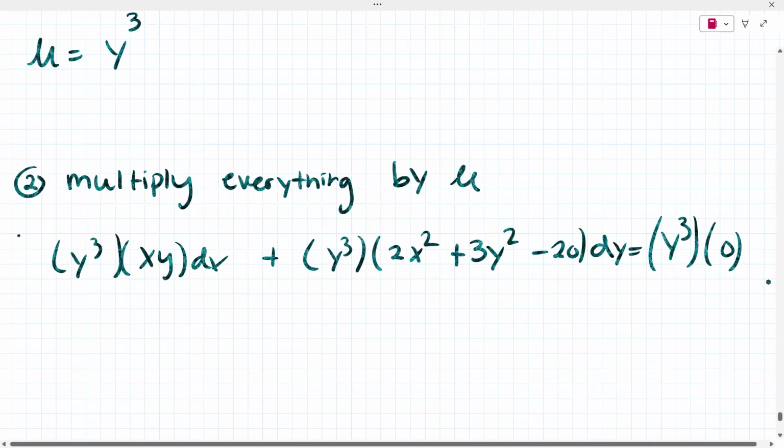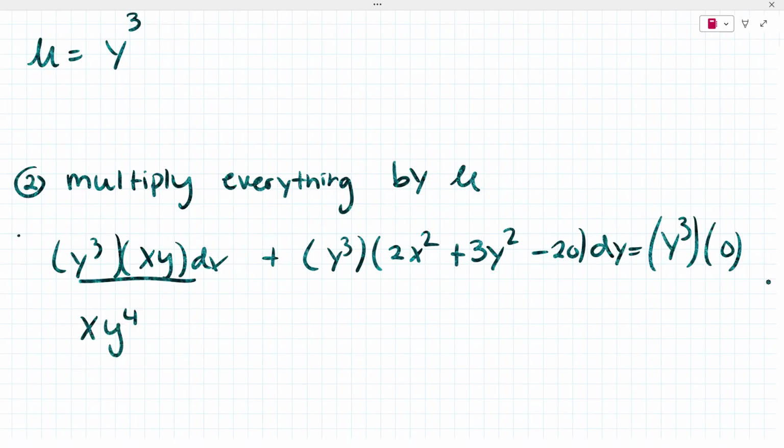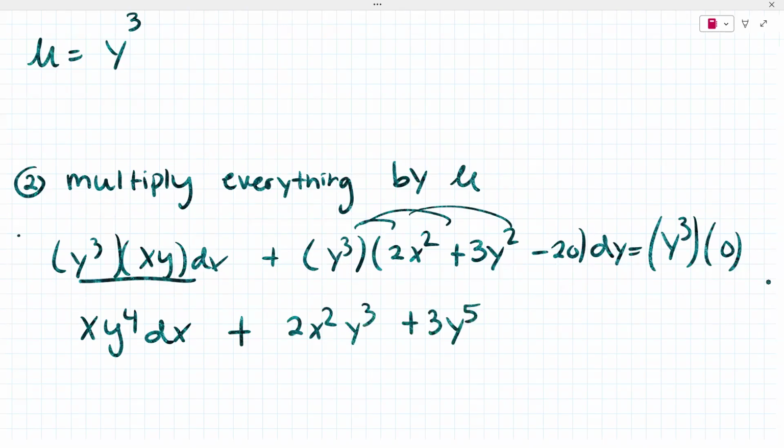So clean this up. This is going to be x y to the fourth dx plus, if you FOIL this out, you should get 2x squared y cubed plus 3y to the 5 minus 20y cubed dy.